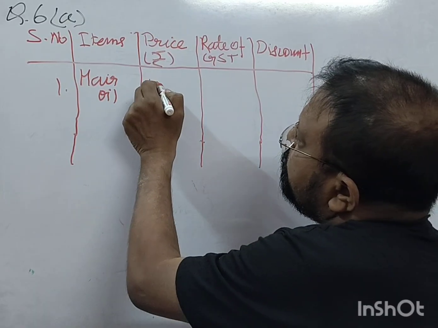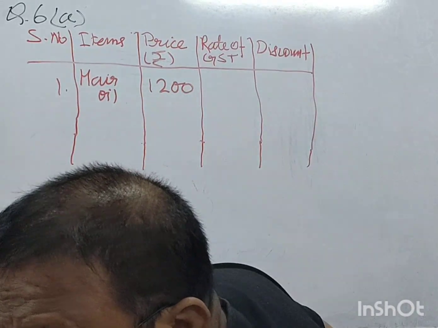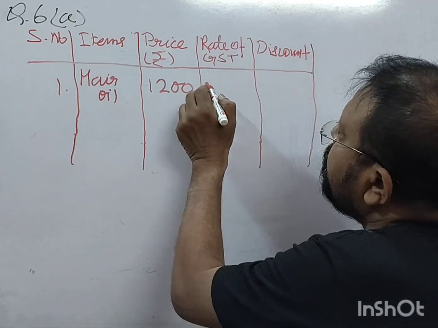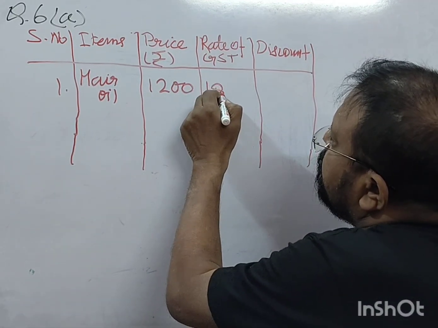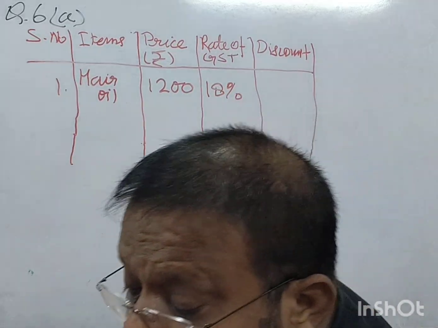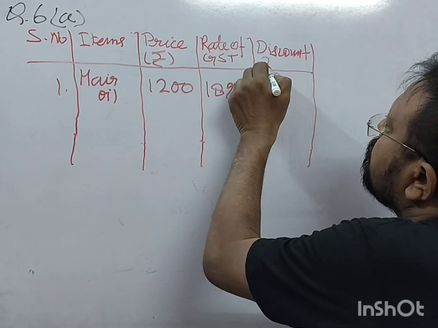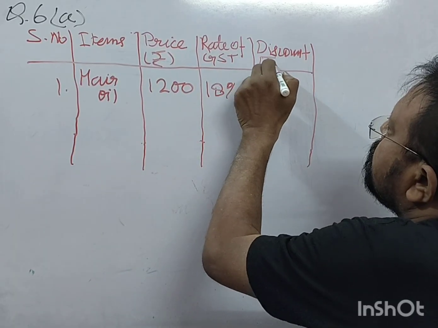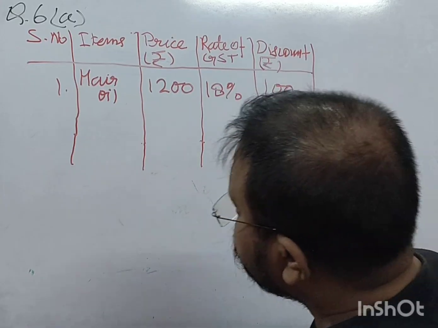So it is 1200. GST is 18%. Right? And discount is also in rupees. It is 100. Right?